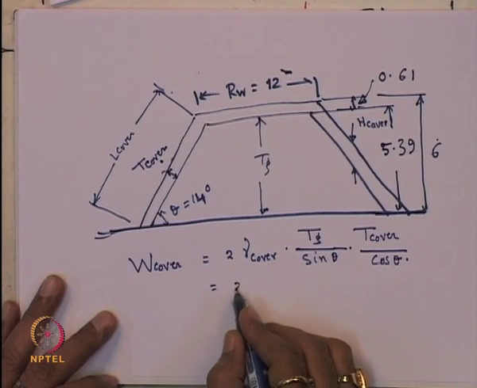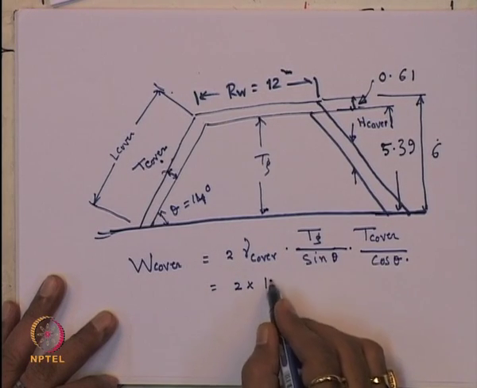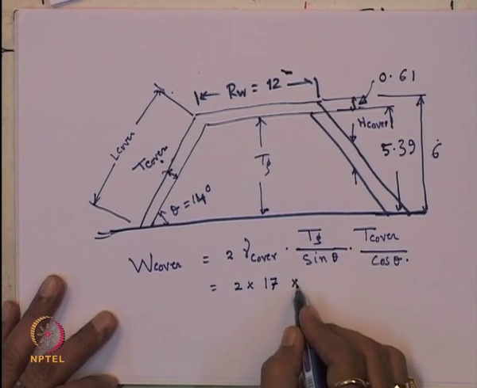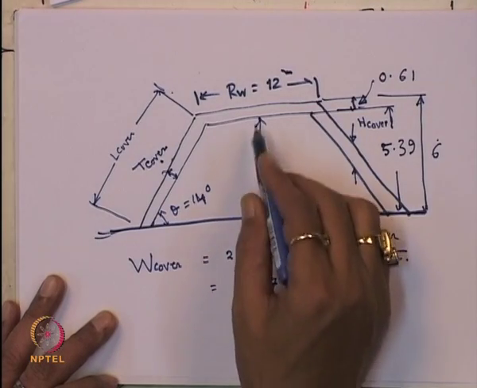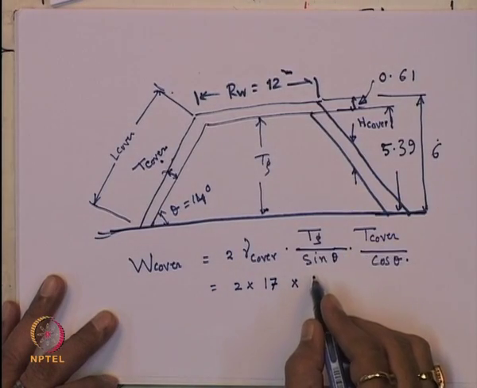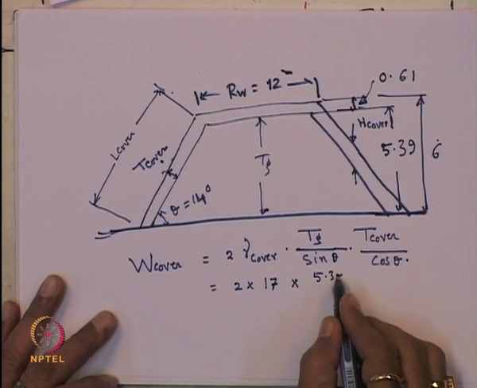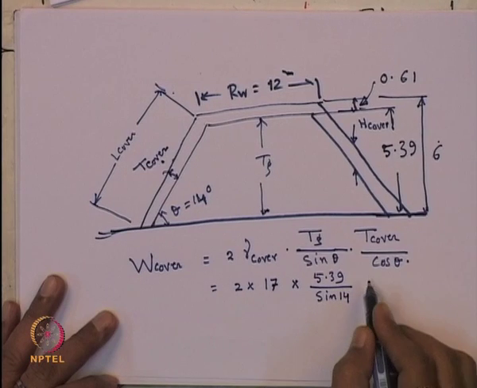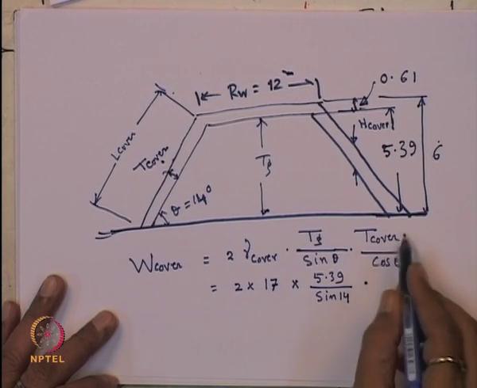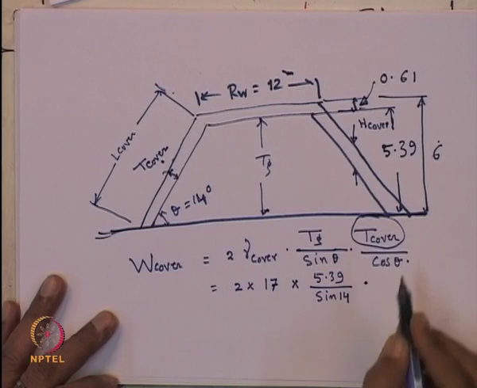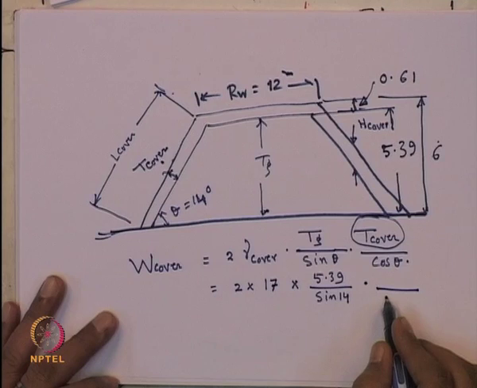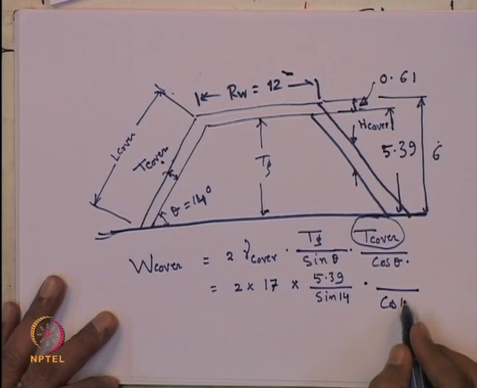So this is 2, and gamma cover is given as 17, into thickness of this geofoam 5.39, divided by sin theta, that means sin of 14, into, now we go for the T of cover, and this is also cos of 14 degree.